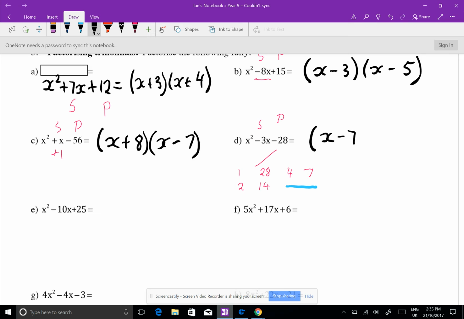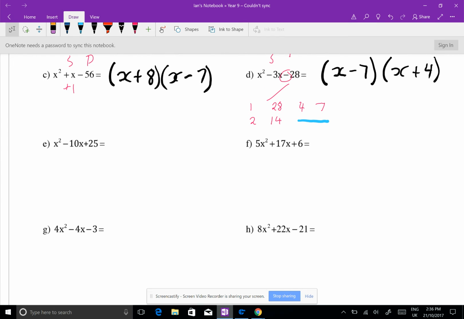Because it's got to add up to minus 3. And x plus 4. This tells you that the two numbers have to be different in sign. So whenever there's a negative at the back, we've got to have a plus and minus. So it's x minus 7, x plus 4.